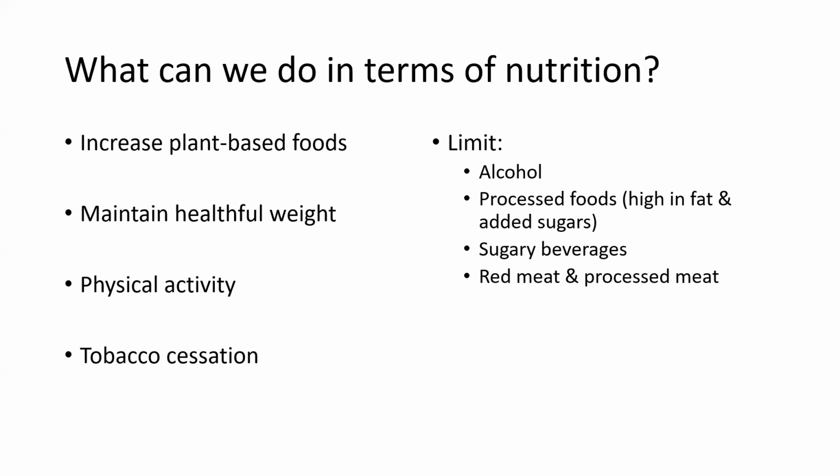So what can we do to avoid increasing our risks? Well, you can increase your intake of plant-based foods, make sure you're maintaining a healthy weight, consult with your doctor on what that is for you, engage in regular physical activity, limit your consumption of alcohol, processed foods that are high in fat and added sugars, reduce drinking sugary beverages, and also maintain a lower intake of red meats and processed foods in general.